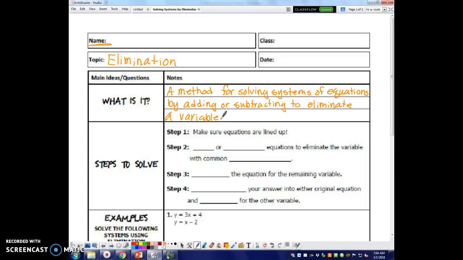Okay? So here are the steps. Step 1, make sure the equations are lined up. And let me tell you, it needs to be x, y equals number. Always. That's how I want you to make sure it's always set up. Step 2, add or subtract equations to eliminate the variable with common coefficients.